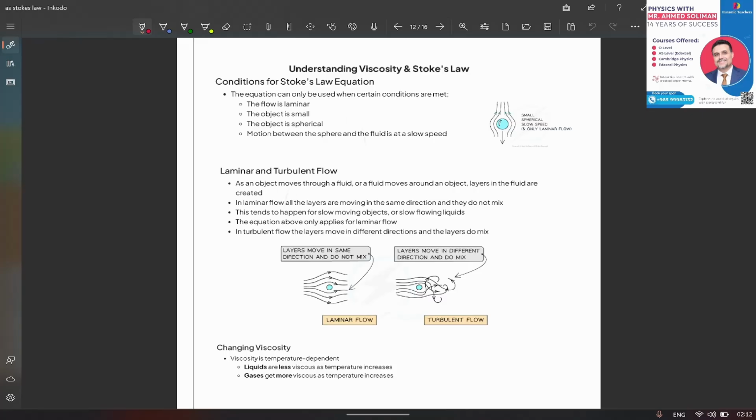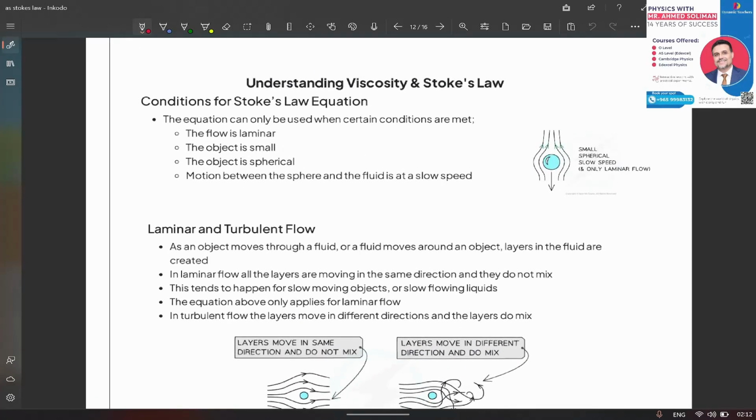Now we will talk about understanding viscosity and Stokes law. We have conditions for the Stokes law equation. What is Stokes law again? Ws equals U plus F drag. To get this relationship, we need these conditions. The flow of the object is a laminar flow.